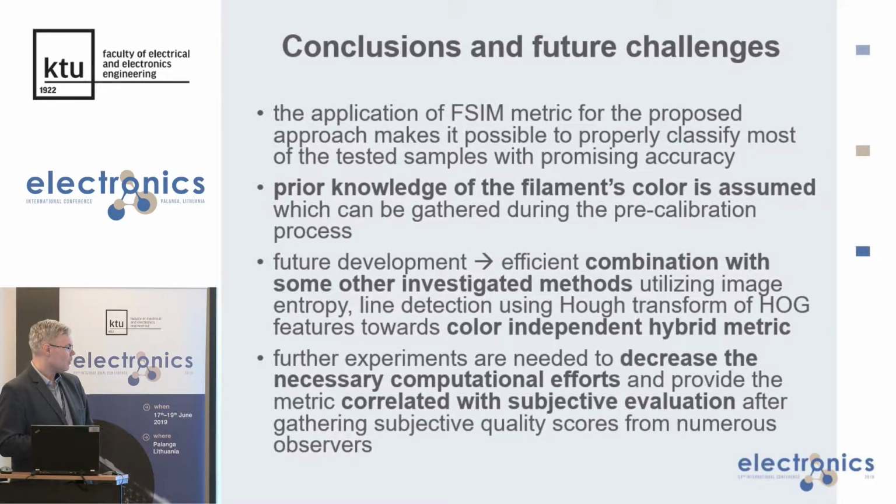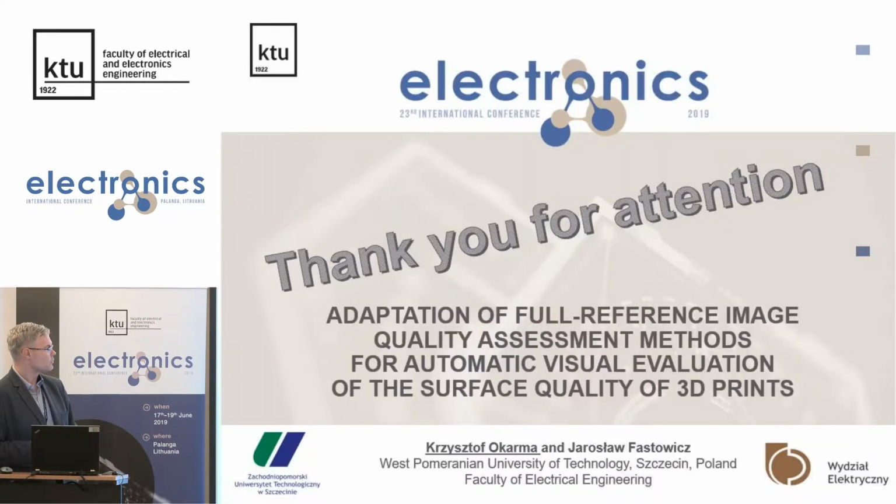So we would like to combine them into a hybrid metric, and it should be color independent. Our approach based on the entropy was color independent for a lower number of samples, about 80. So probably after the combination with this, it will be better than a single approach. So probably just in time.